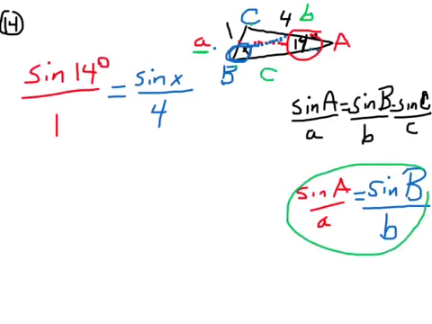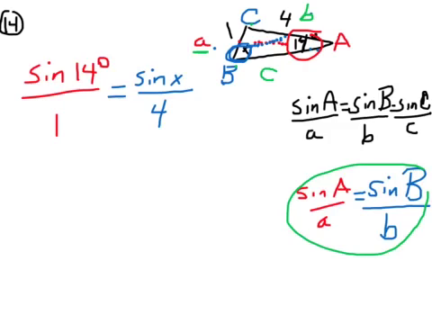But if you understand that it's just the sine of an angle over the side across from it, and you set up two fractions like that, and you make sure you've got your pieces of information, that we knew the 14 degrees, the 1 and the 4, so we know we need them in our equation, and we need the X. That's really all I can do here. They didn't even tell me anything about that other angle or the side across from it anyway, so I'm just using the information they gave me.